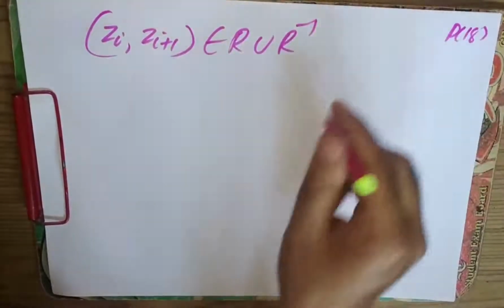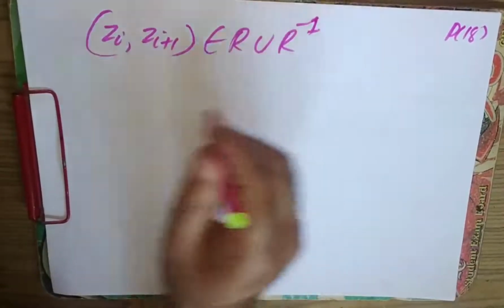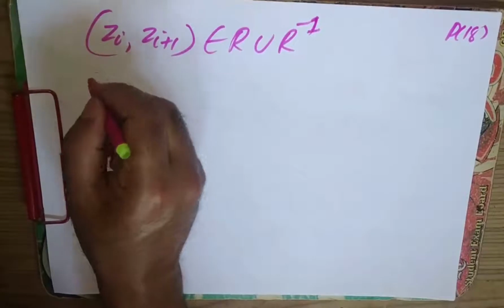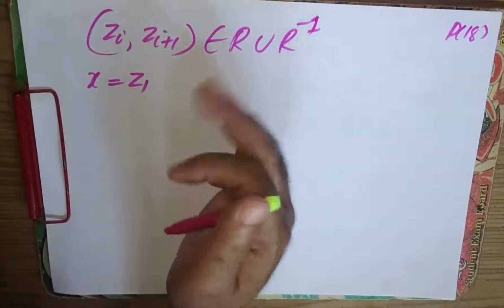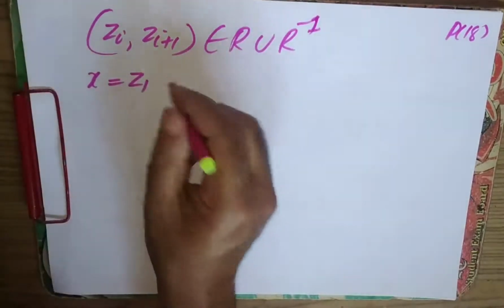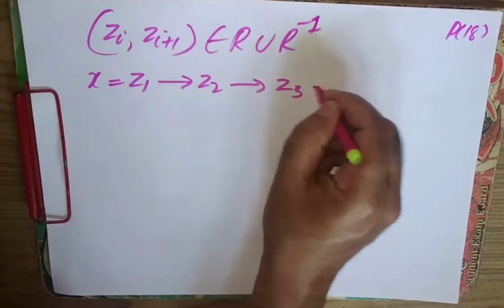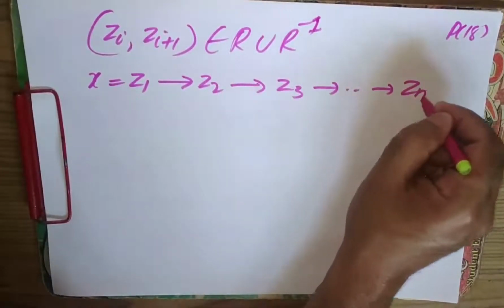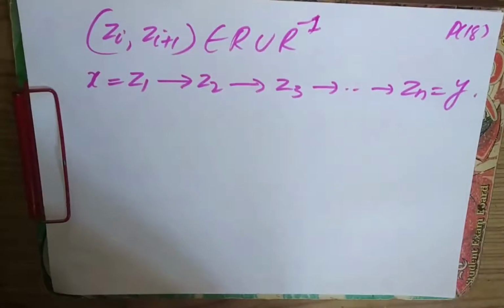Let me not write Ix here because I can remove that part. So we have done this. Suppose X equals Z1, I can take the first X equal to Z1. Then this is transition Z2, transition Z3, transition and so on, transition Zn, and this one is equal to Y. So there is a transition.